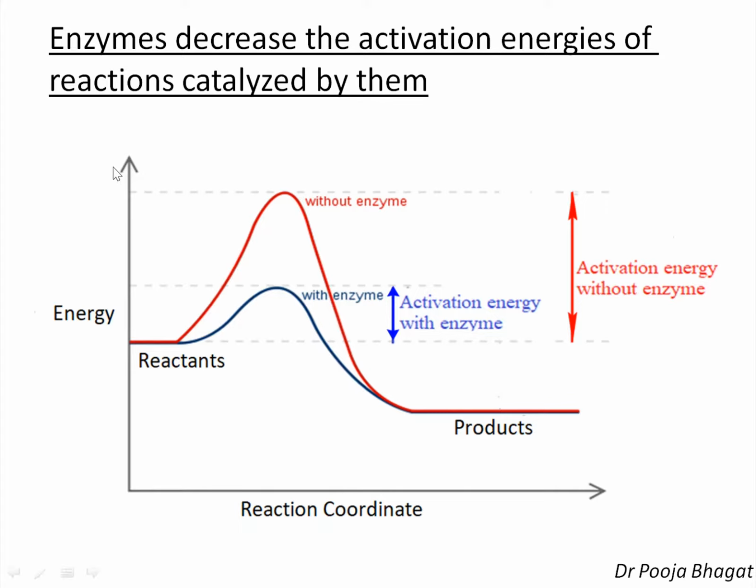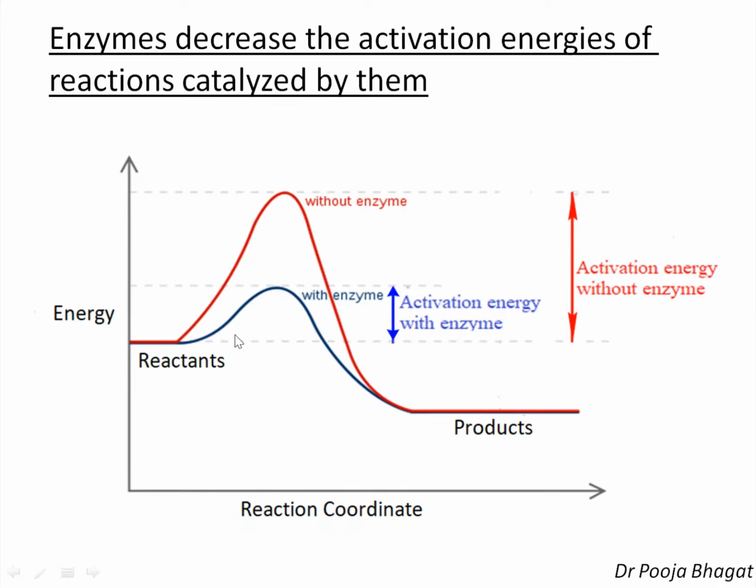So this is the energy graph. This is energy, this is the reaction coordinate, reactants, products. This red part indicates the reaction in absence of enzyme, and this blue indicates the reaction in presence of enzyme. As you can see here, this is the activation energy in absence of enzyme.